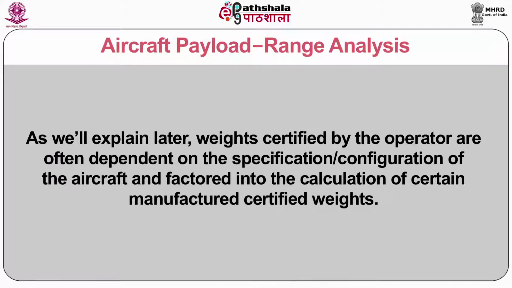As we will explain later, weights certified by the operator are often dependent on the specification or configuration of the aircraft and factored into the calculation of certain manufacturer certified weights.